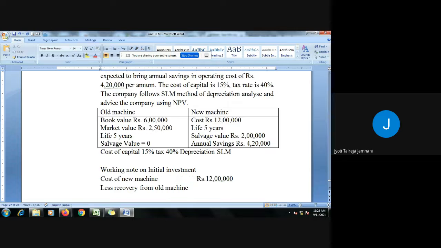That is its market value as of today's date. So once we sell, we will recover that much amount. So we will get initial investment 12 lakh minus 2 lakh 50,000, which is 9 lakh 50,000. So this is our first working note.